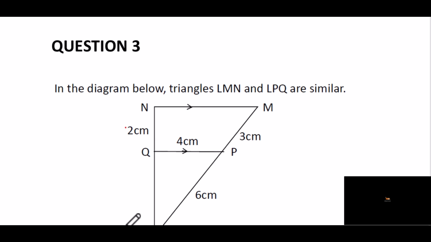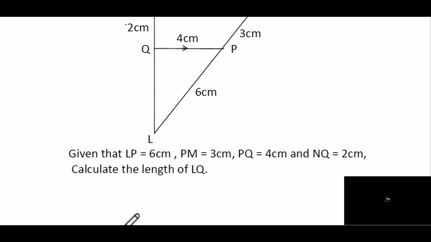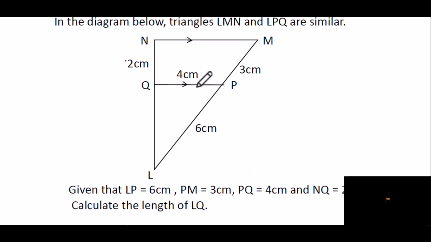Okay, given that LP is equal to 6 centimeters, PM is equal to 3 centimeters, then PQ is equal to 4 centimeters, and NQ is equal to 2 centimeters. Calculate the length of LQ. So this is the length we are to calculate.